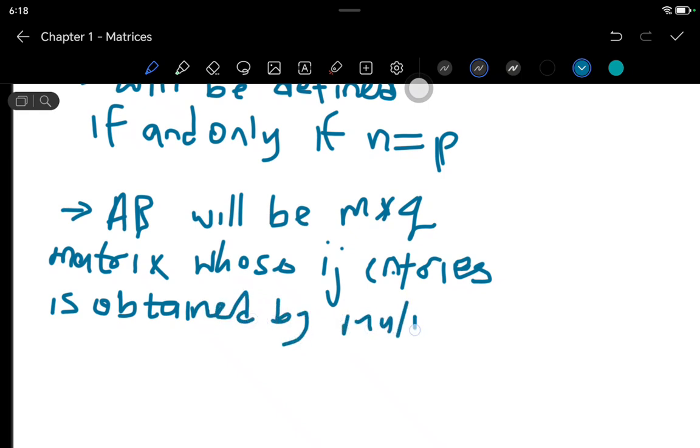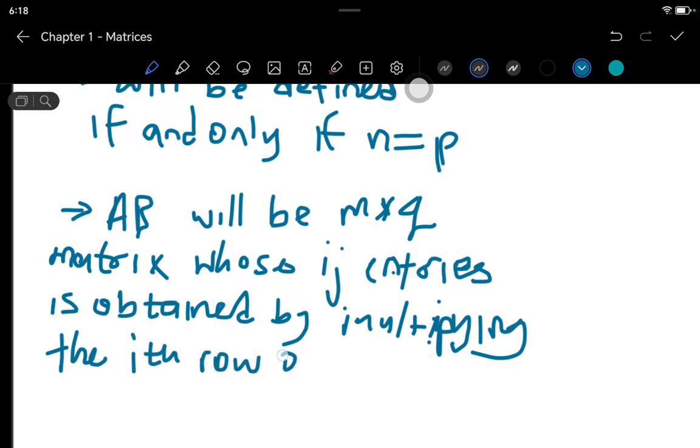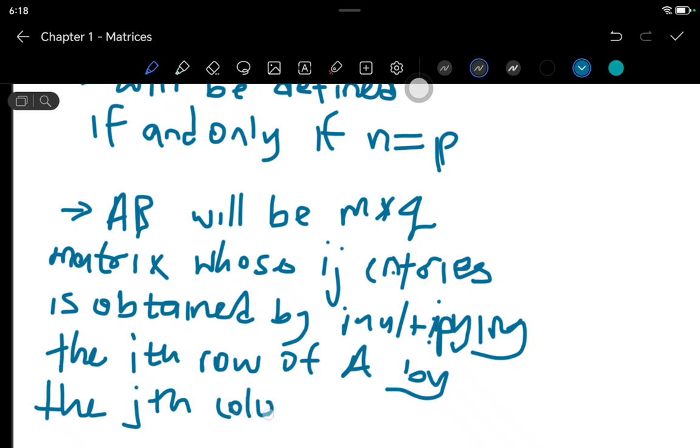by multiplying, we'll discuss this when we're doing examples. So by multiplying the ith row of A by the jth column of B, which I'll explain what it means, right?